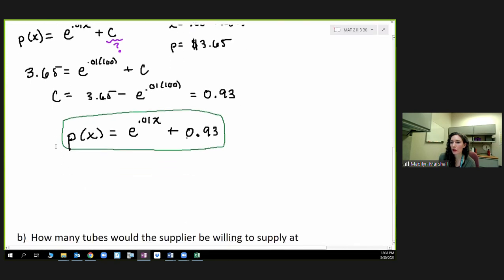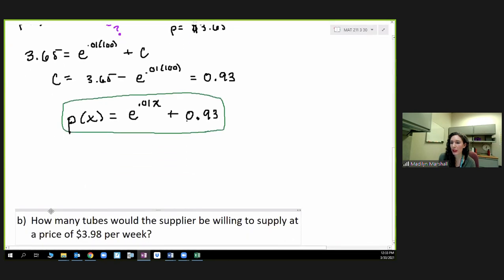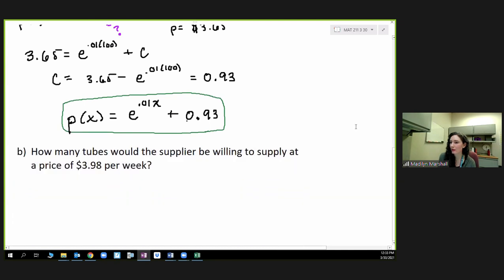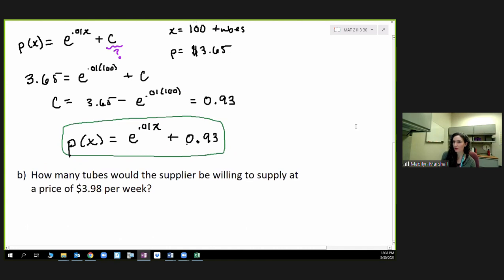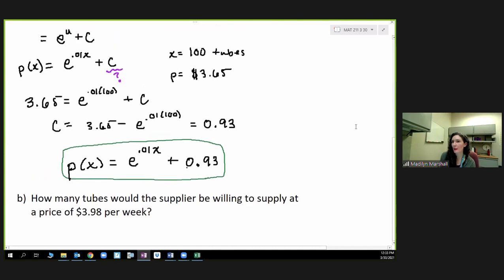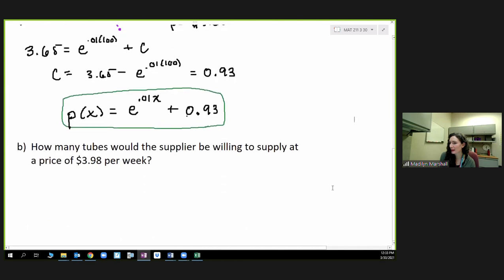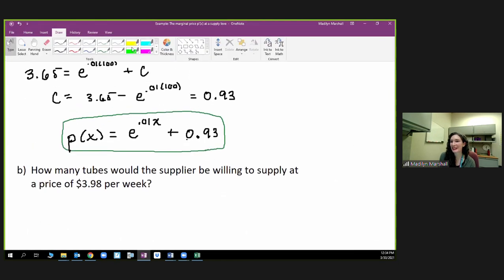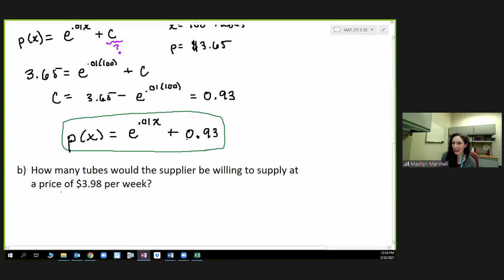So let's just do part B just to see that c in action again. Here we go. Okay, so here we have the same question. How many tubes?